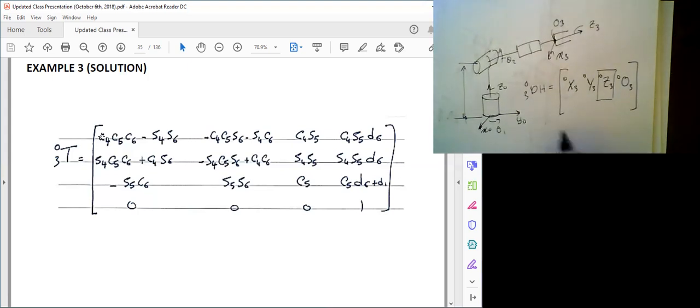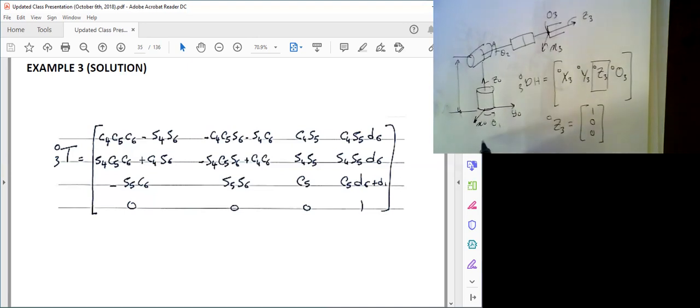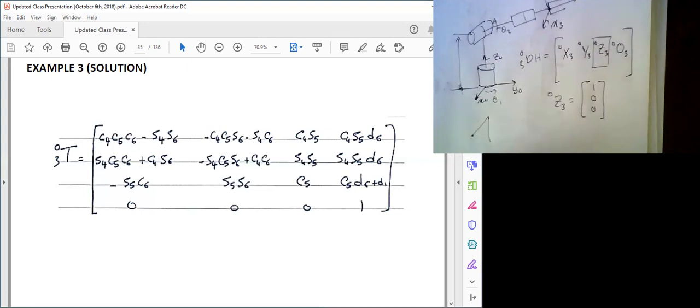So if I write Z3 0 to be, let's say, 1, 0, 0, what would that mean? It means that I'm trying to solve for theta 1, 2, and 3 that would make this wrist point in my X direction. So the wrist will be pointing toward this direction, right? This is just a representation for that.